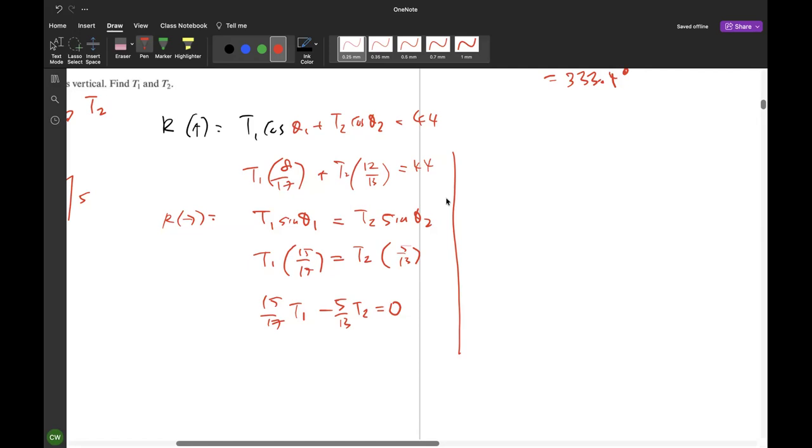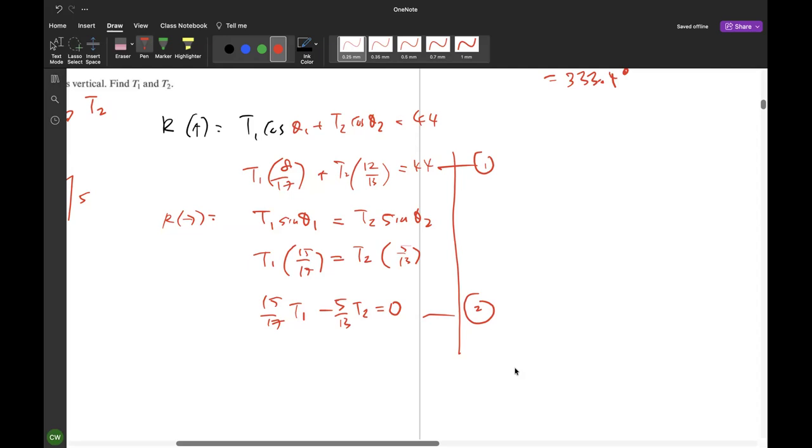We can go to the equation mode. This is a simultaneous equation. Number of unknowns is 2. We have two equations, 1 and 2. 8 over 17, 12 over 13, is equal to 44. 15 divided by 17, minus 5 over 13, is 0.